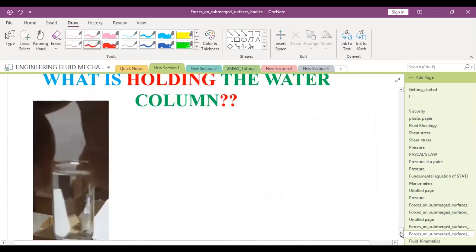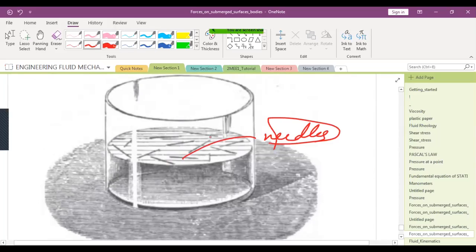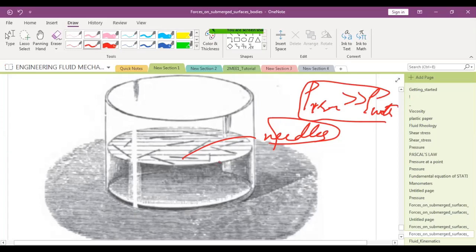And these are the two contradictory diagrams which I want you to answer. In the first case, these are needles that are floating on the free surface, and these are made of iron. We know that rho of iron is far more than rho of water, and it is also not displacing any water.